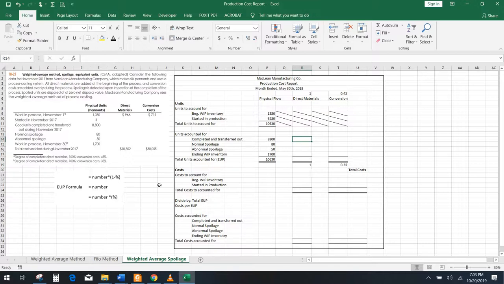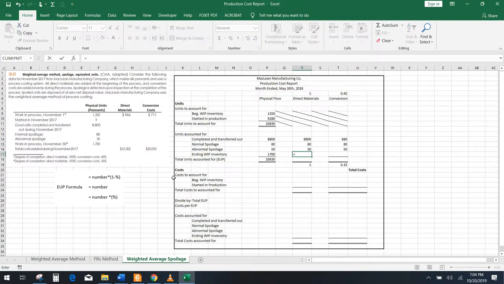Okay, now to calculate the equivalent units, we're going to disregard this formula right here. We're not going to use any of these up top. We're just going to use the middle number. So we'll just carry these over. 8,800, 8,800, 80, 80, 50, 50. Now we come down to the bottom portion, the ending work in process. That's the bottom number here.